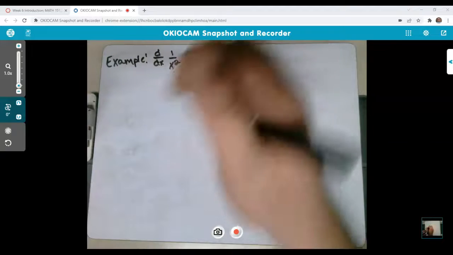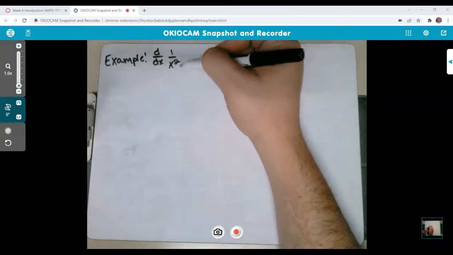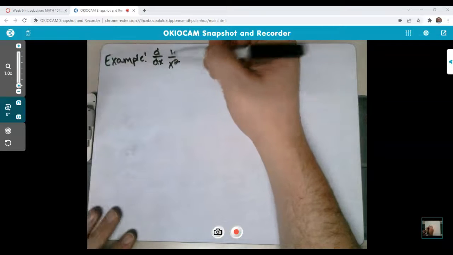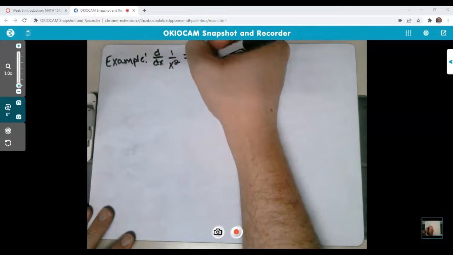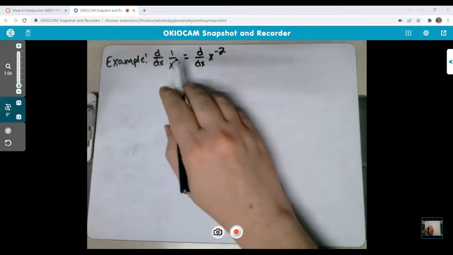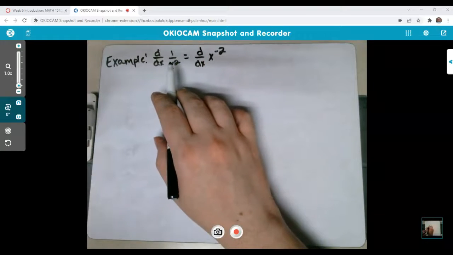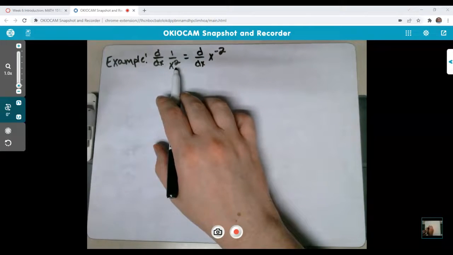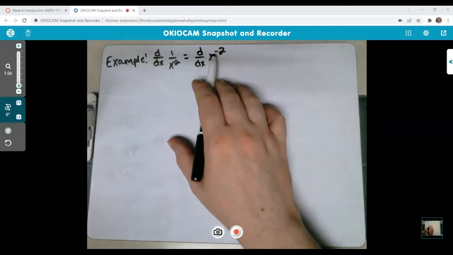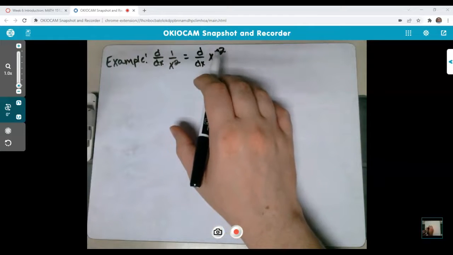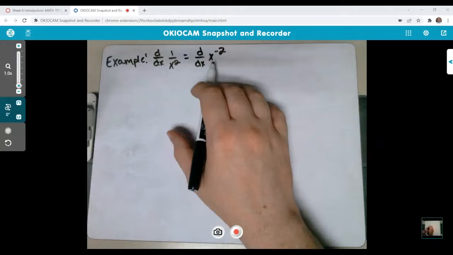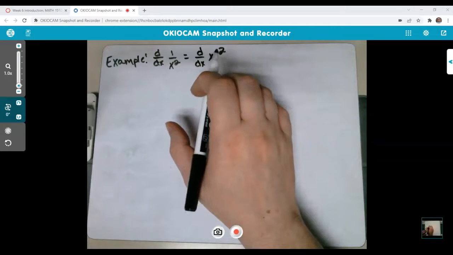But remember, whenever I have 1 over x to some power, I can rewrite this as the derivative of x to the negative 2, right? A power in the denominator means I can write it as negative. So this is like saying x to the negative 2. Now that I have it in the form of x to a power, I can do the power rule.